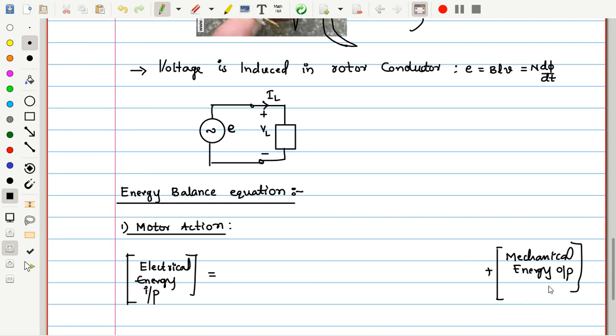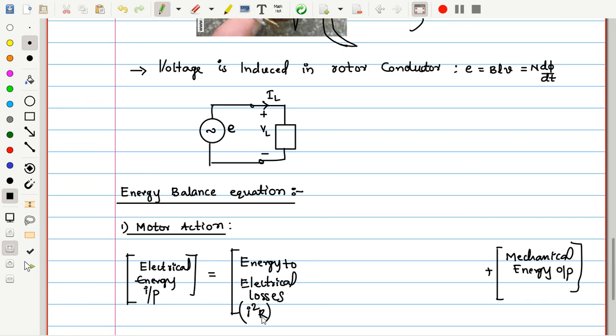Now, apart from the mechanical energy output, are there any other energies? In general we consider practical things, so there will be certain losses. Let me say energy to electrical losses. Electrical losses means I squared R losses.